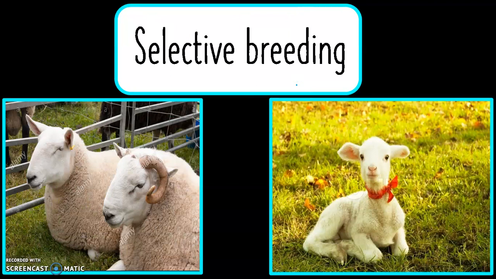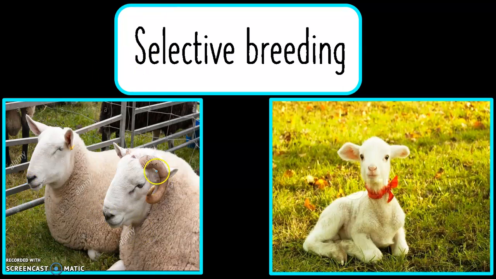Selective breeding. What is selective breeding? In selective breeding, they choose the parents in a special way so that the kid will be special. Didn't get it? I'll explain. The male and the female sheep will both have the fine soft under hair.